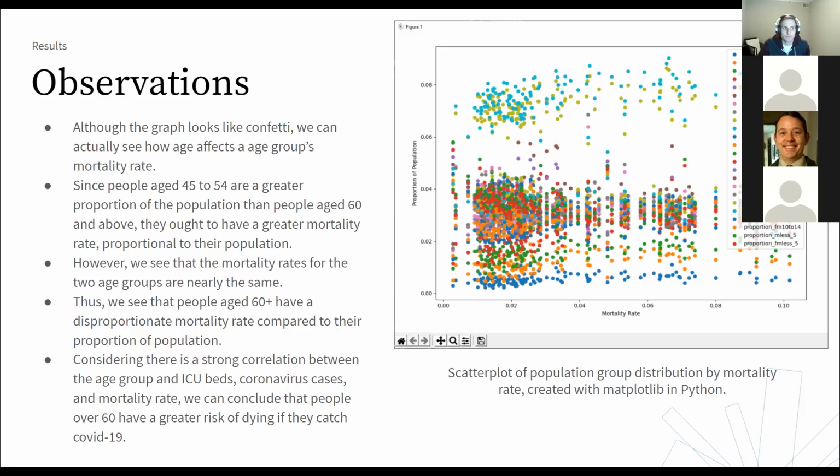But you can see here that the highest proportion of individuals is those males and females aged 45 to 54. And it's interesting that their mortality rate is scattered quite a bit.